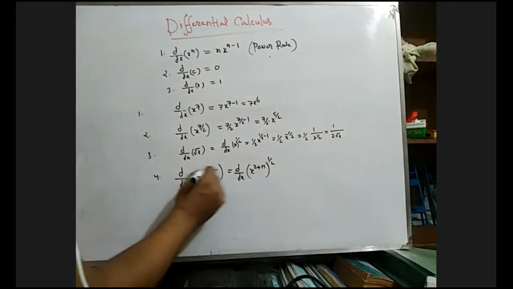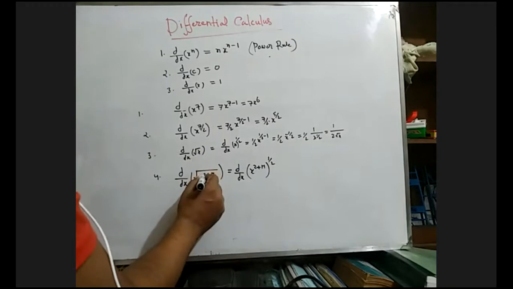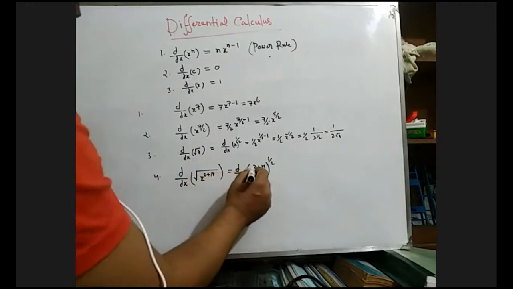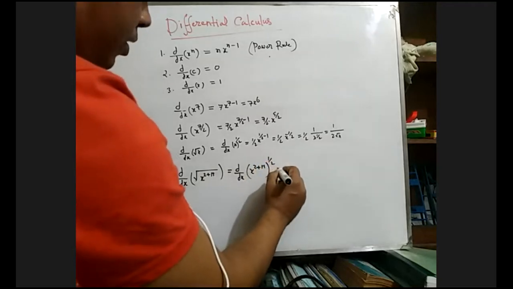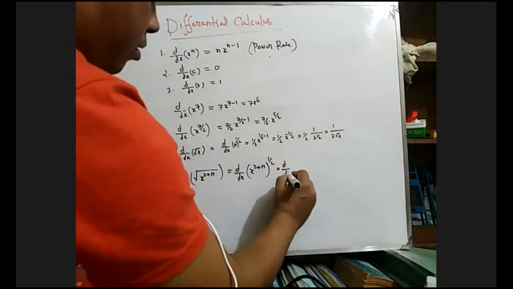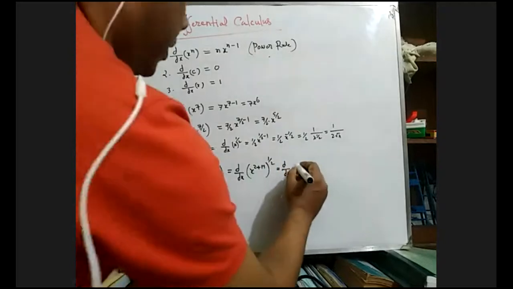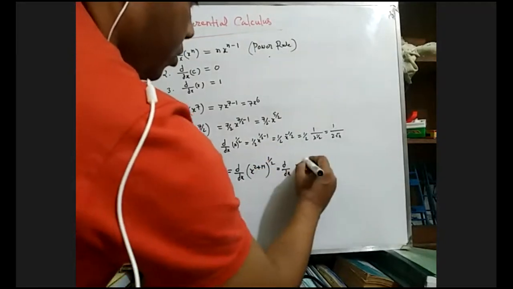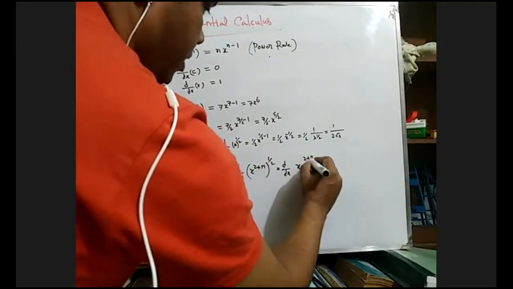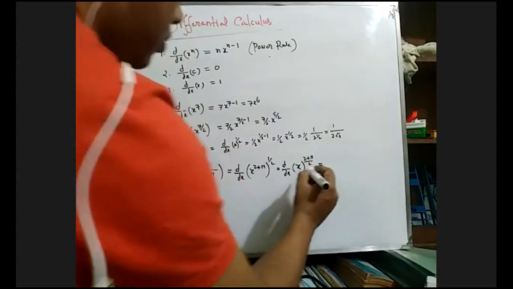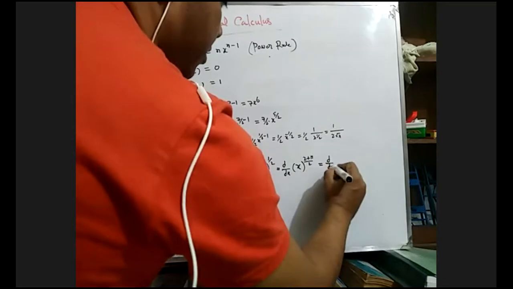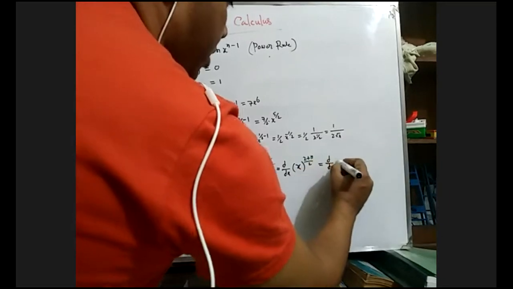Root over x to the 2 plus pi can be indicated as a power: x to the power 2 plus pi divided by 2.